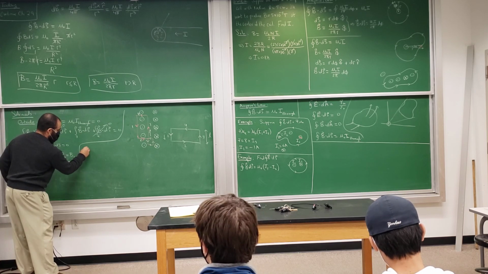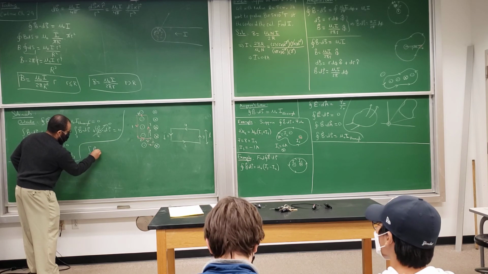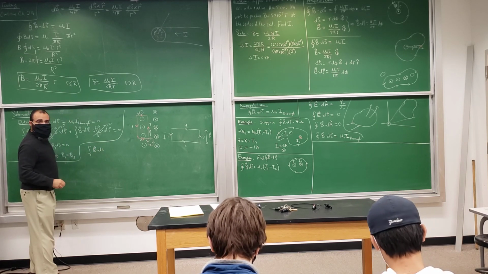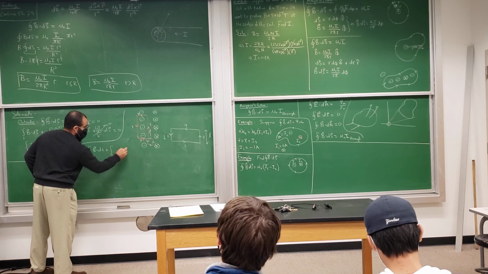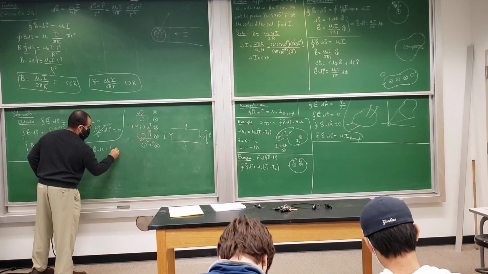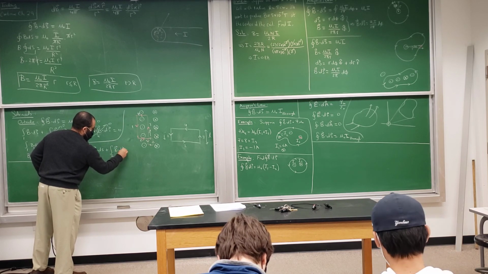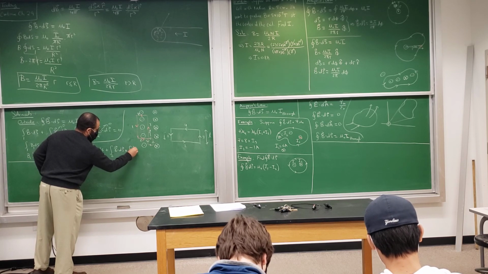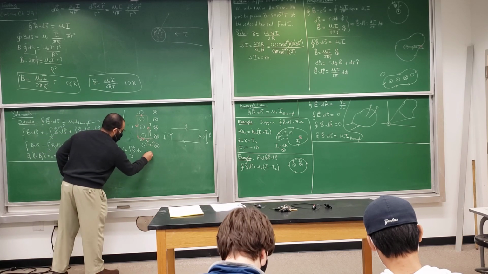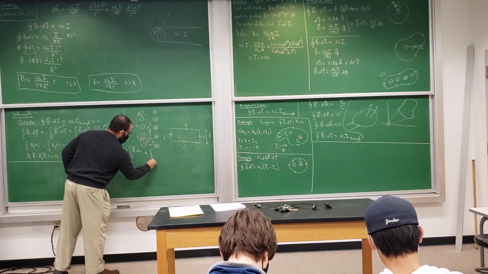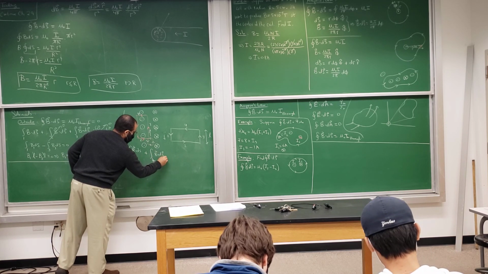So the integral of B dot ds over portion 1, plus the integral of B dot ds over portion 2, plus B dot ds over portion 3, plus B dot ds over portion 4.